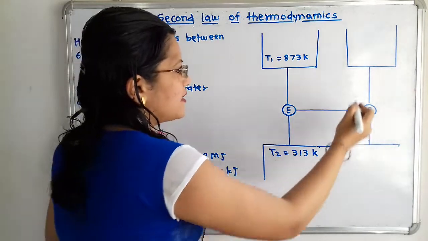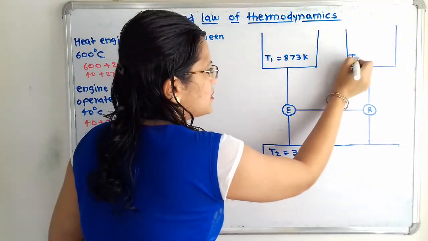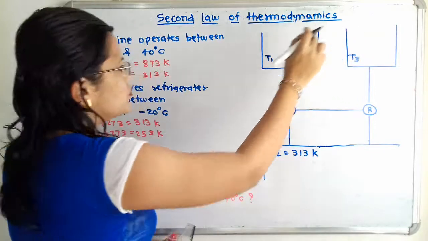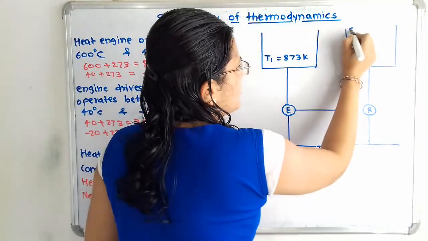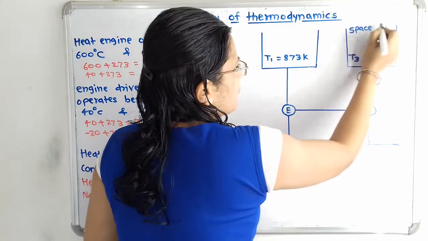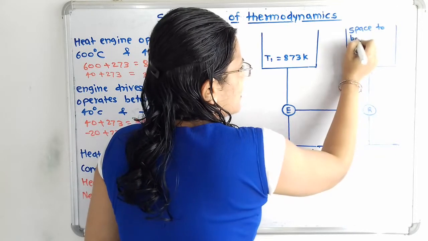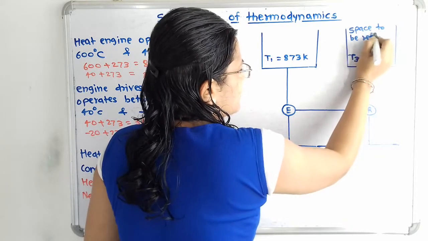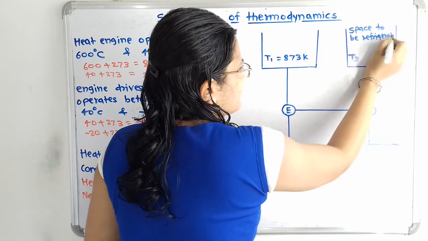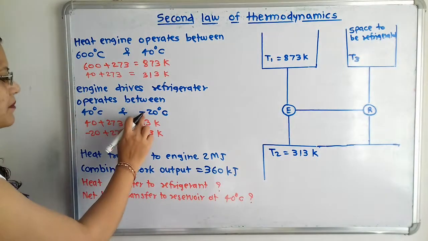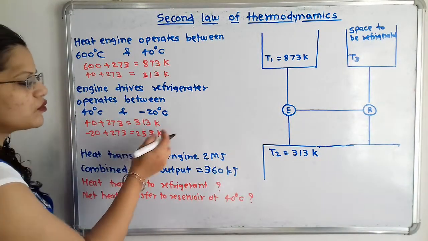I will say the temperature T3, and this will be the space to be refrigerated. And it is at temperature minus 20, that means 253 Kelvin.